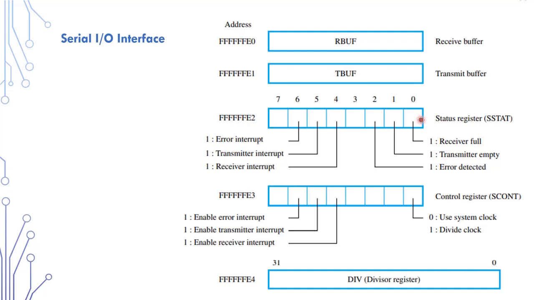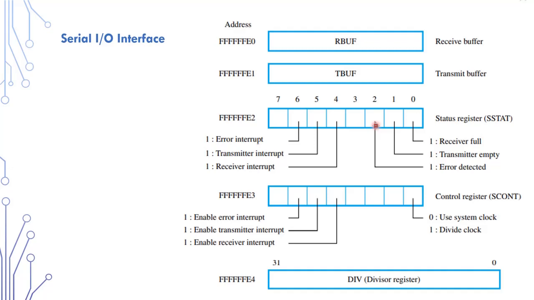The bit SStat 2 is set to 1 if an error occurs during the receive process. For example, an error occurs if the character in the receive buffer is overwritten by a subsequently received character before the character is read by the processor.